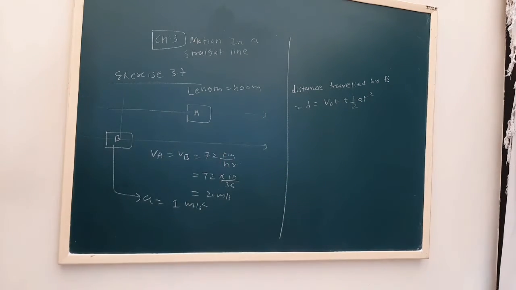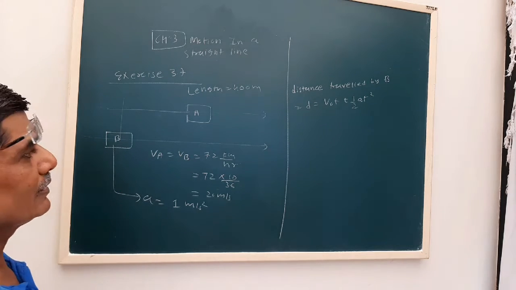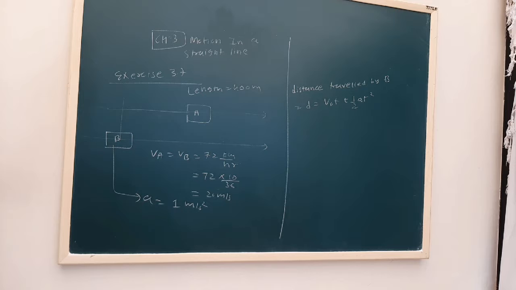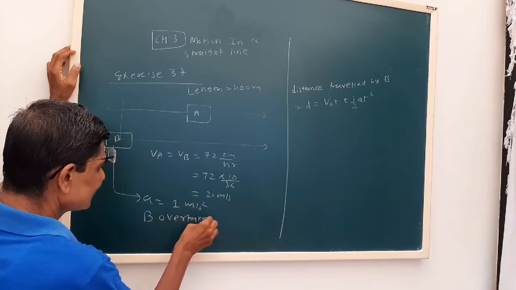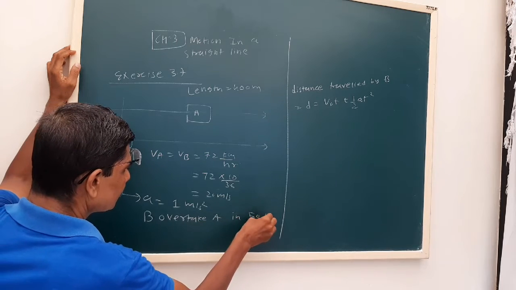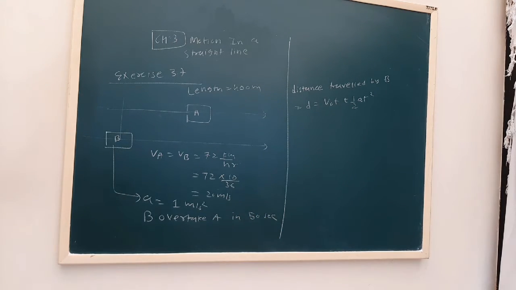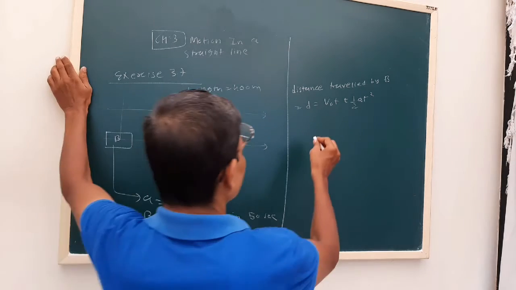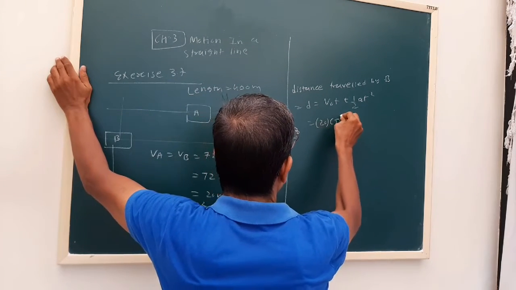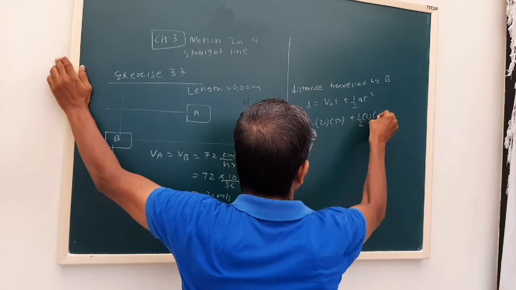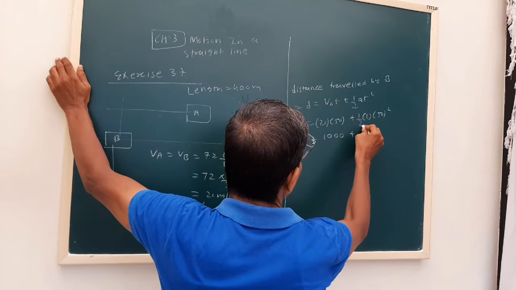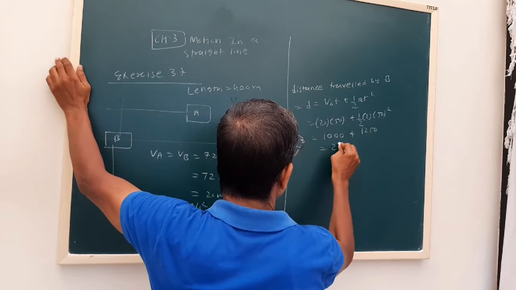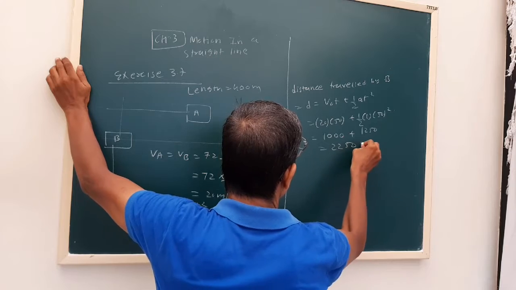Now, the initial velocity of B is 20 meter per second. Now the question says B overtakes A in 50 seconds. Now, what is the distance covered here? V_0 t is 20 into 50, plus 1 by 2 a t square.